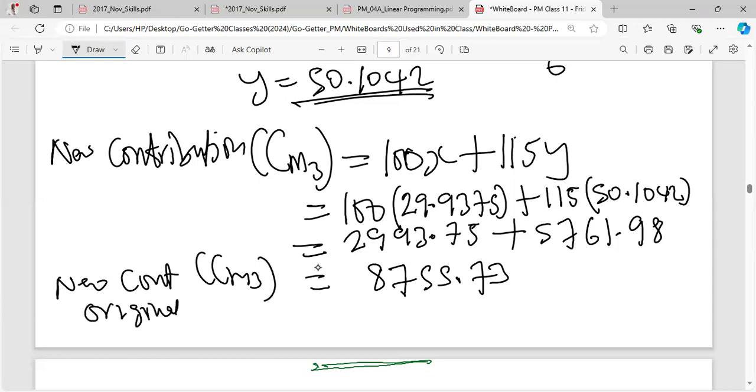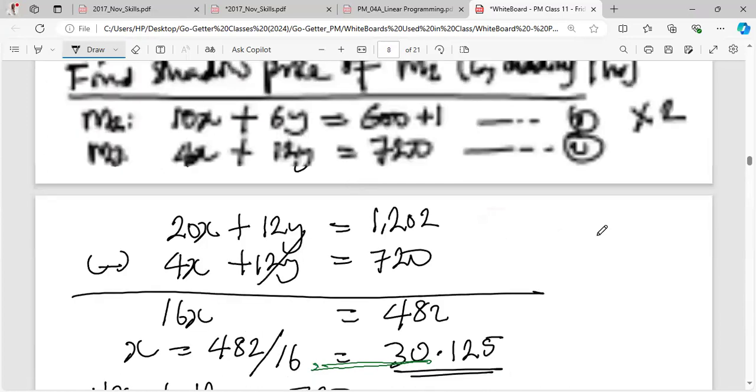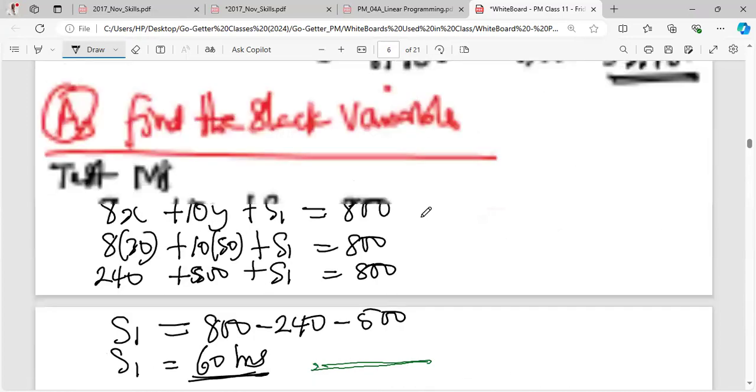Original contribution, remember, this was 8750.